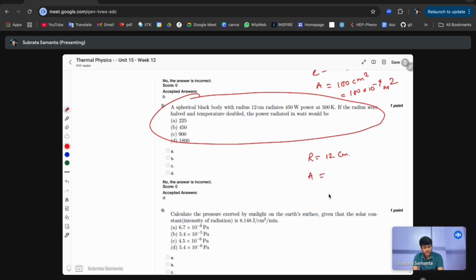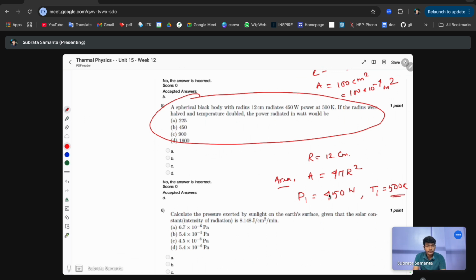So you have to calculate the area. Since it is a sphere, the area is 4 pi r square. The spherical black body radiates power, let's say P1, 450 watt, at T1 is 500 Kelvin.